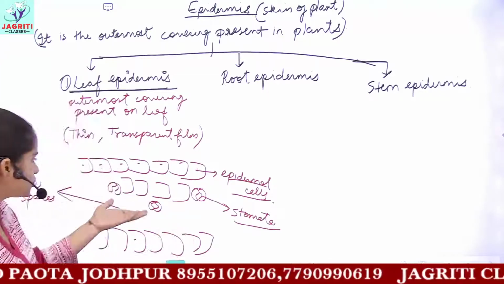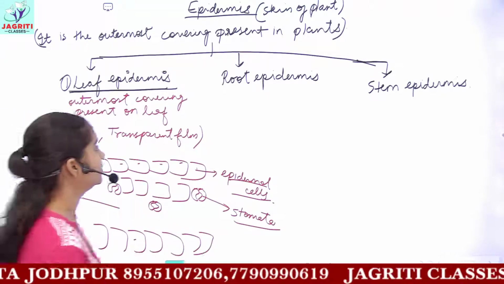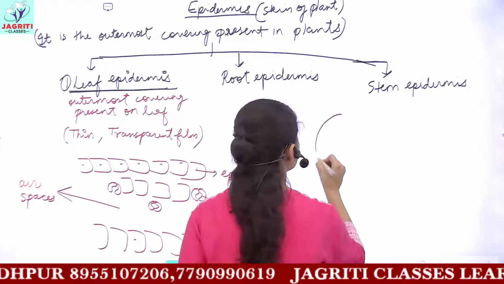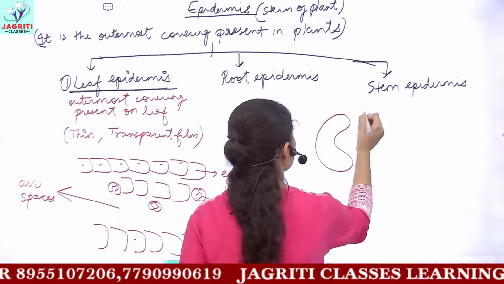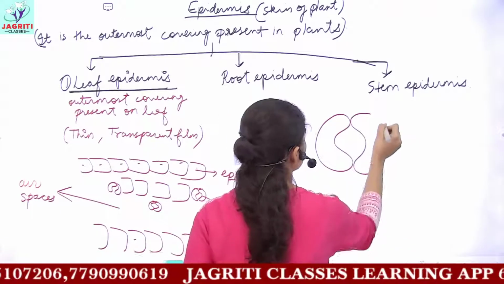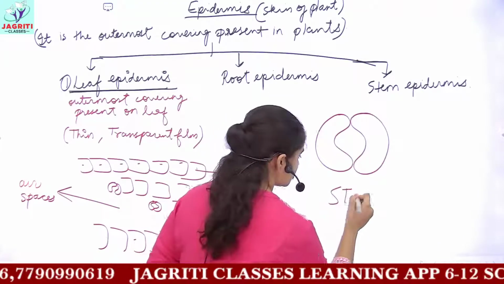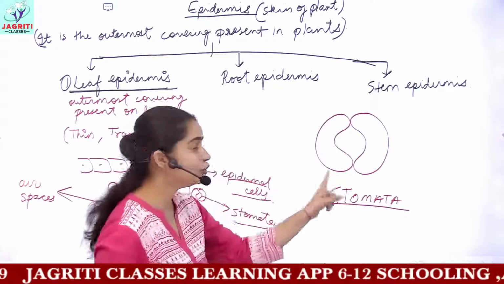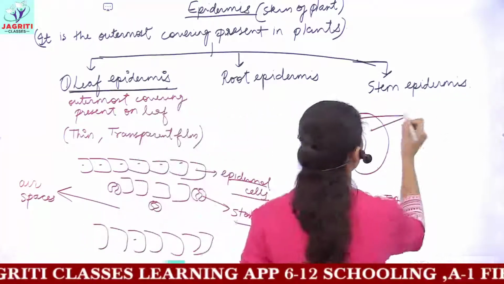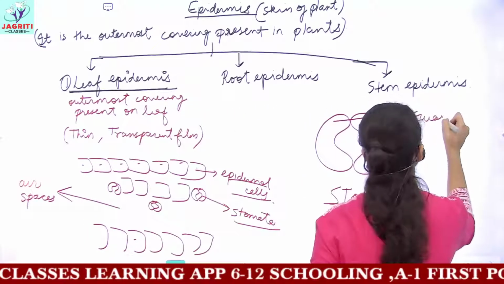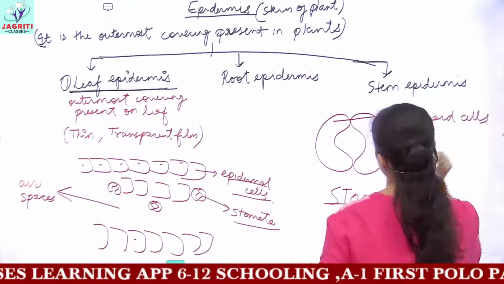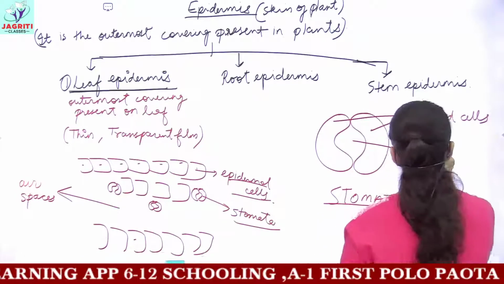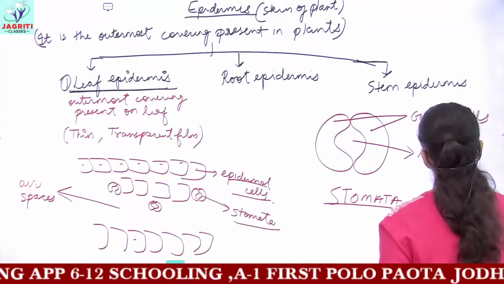So you have to study the function of stomata. The stomata is a bean-shaped or kidney-shaped structure. This is the structure of stomata. These two kidney-shaped cells are called guard cells. This central pore is known as your stomatal pore.